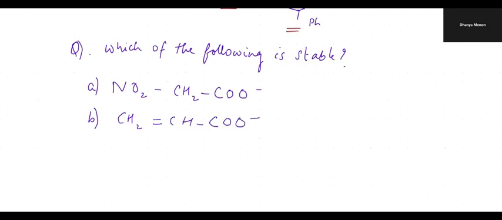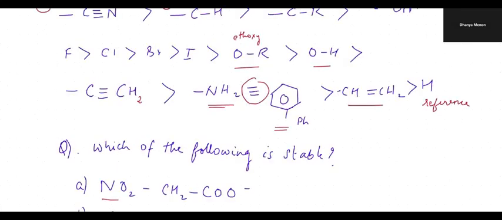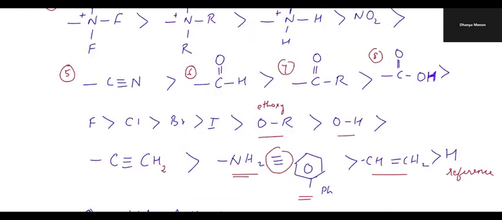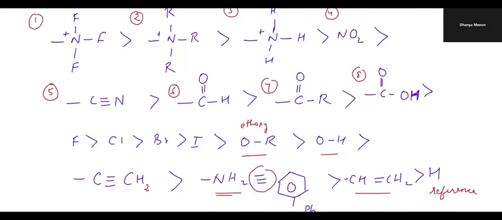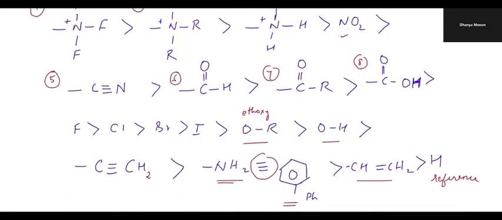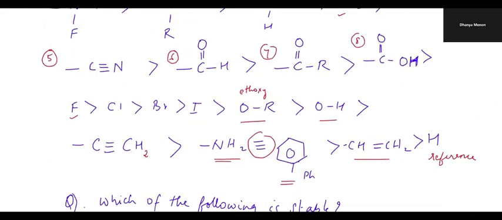Third one, F, CH2, COO minus. So we have the NO2 group, the CH2CH group, and F. If you see the order over here, NO2 comes first, then fluorine, then CH2.